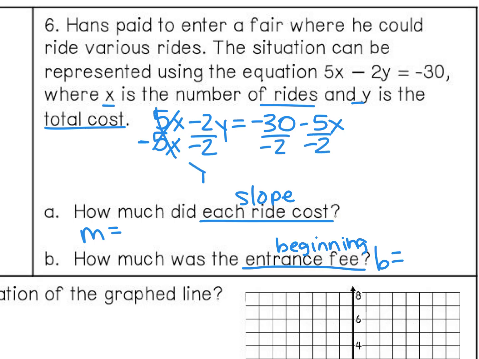We don't change the sign when we divide. What do you know about a -30 divided by a -2? Positive 15. And a -5 over -2 is positive 5 over 2x. So how much was each ride? $2.50. And how much was the entrance fee? $15. That's an expensive fare.